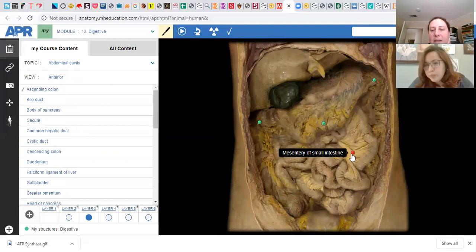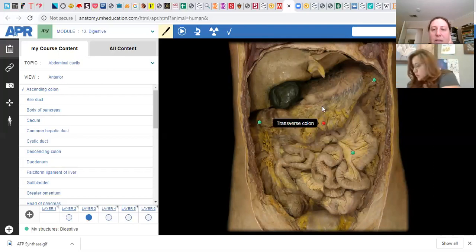The mesentery is specifically of the small intestine, so that does cover all of it. Here's the transverse colon. This is the stomach up here. So this part right here would be the transverse mesocolon, even though they didn't label it.